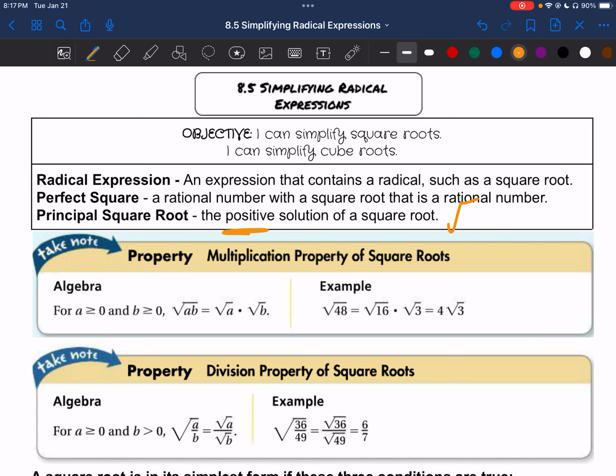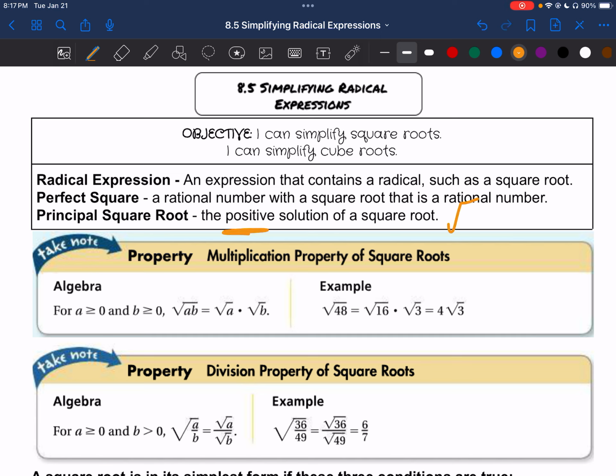Now we have two properties that we're going to be working with: the multiplication property and the division property. The multiplication property says for any numbers a greater than or equal to 0, b greater than or equal to 0, the square root of ab is equal to the square root of a times the square root of b.